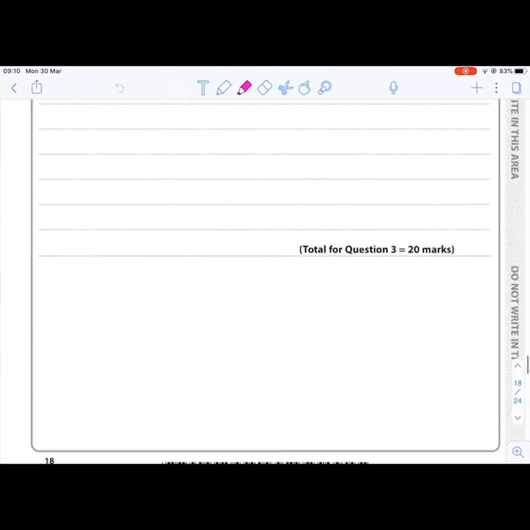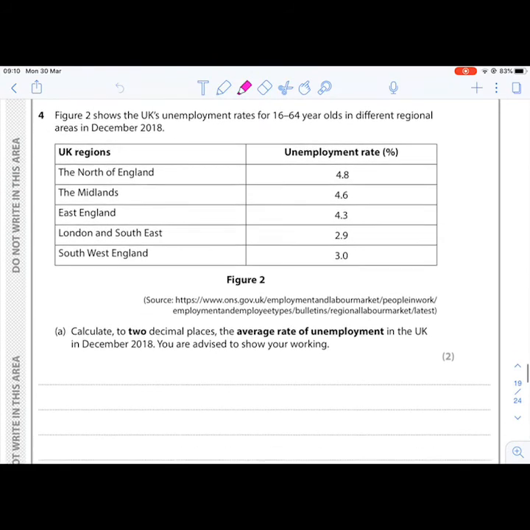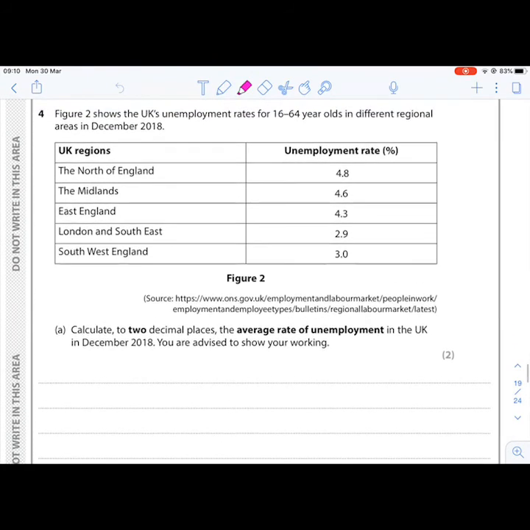And the next question, the last question for this video, is this one here, 4A. Figure 2A shows the UK's unemployment rates for 16 to 64-year-olds in different regional areas in December 2018. So here you can see the different regions, and then you've got the unemployment rate.